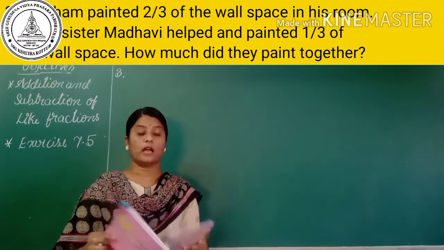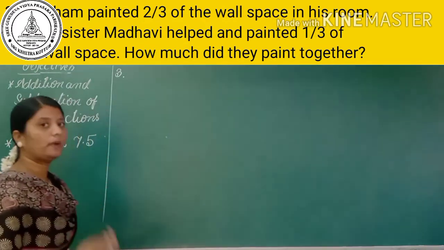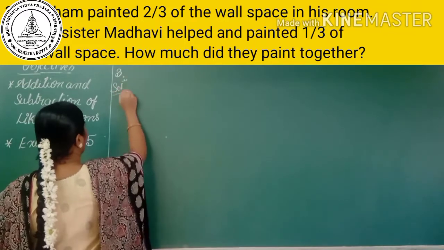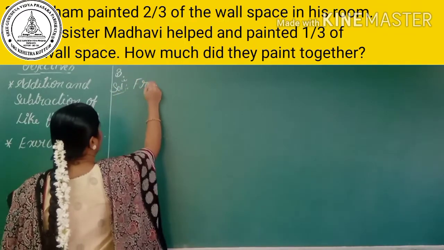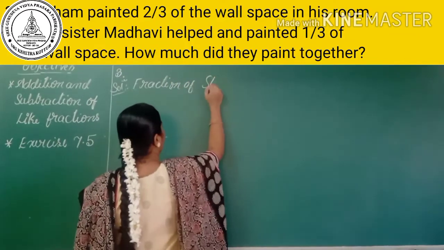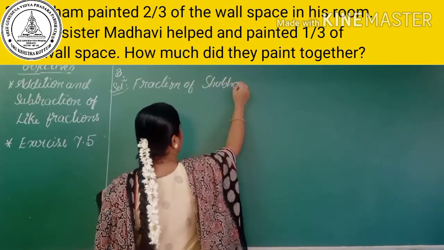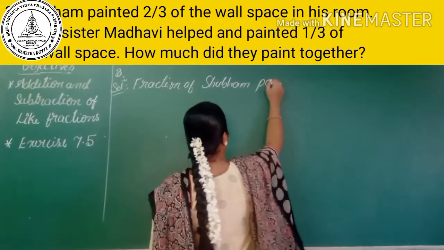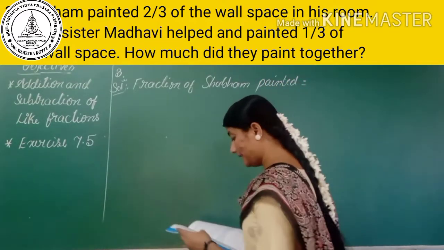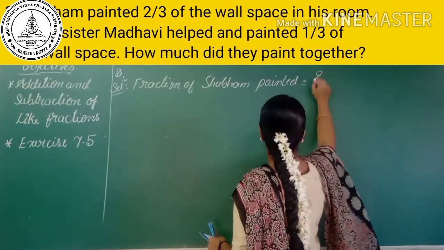Now we have to write the fraction Shubham painted in the solution. Fraction of Shubham painted is equals to how much? That is 2 by 3.